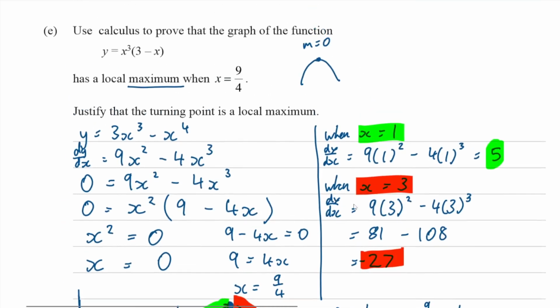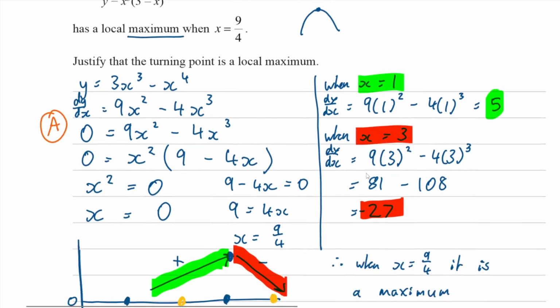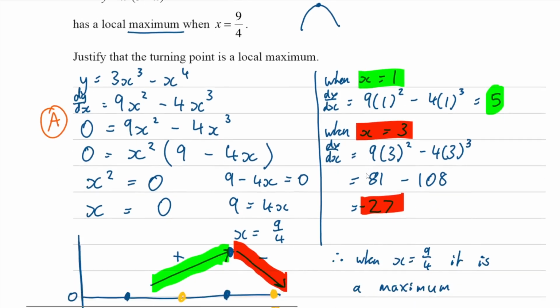So, an excellence question asking us to prove a local maximum. First, we found the derivative, and we set it equal to 0. Because we know turning points, right, maximums and minimums have a gradient of 0. So that is the achieved part. We then found the x values by solving the cubic.